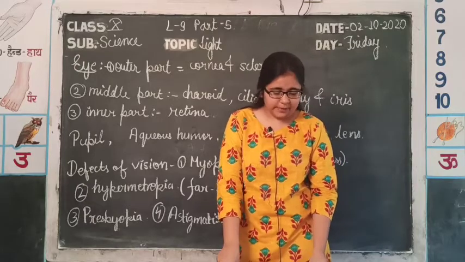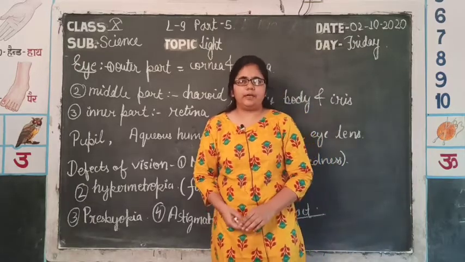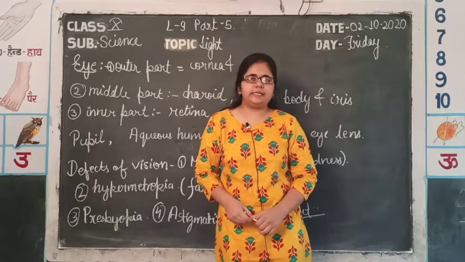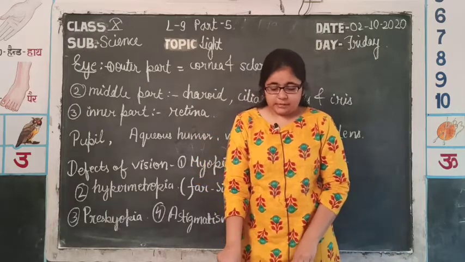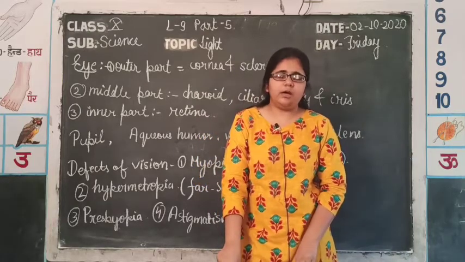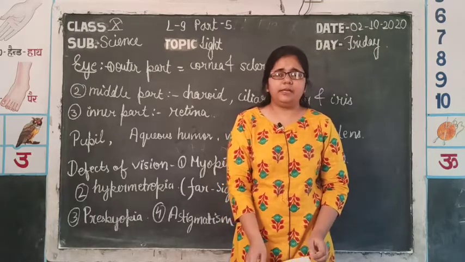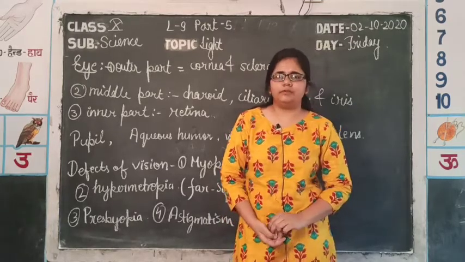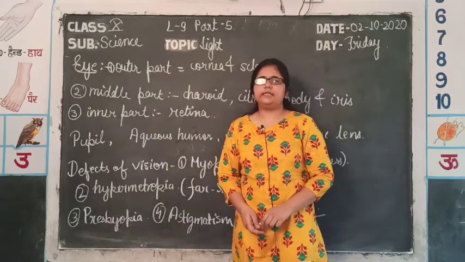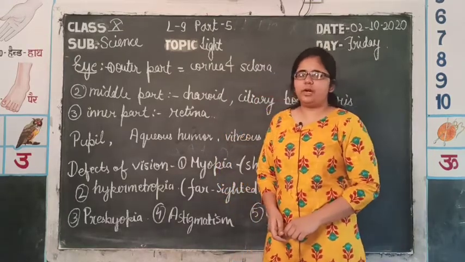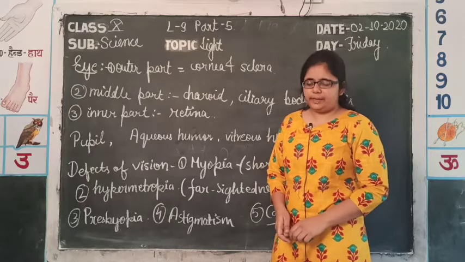We have studied table 9.4 and 9.5 in which the details of image are given. Then we studied the lens formula and some numericals based on the lens formula. After that we studied the power of convergence or divergence, that is the power of lens, whose formula is P is equal to 1 by f.